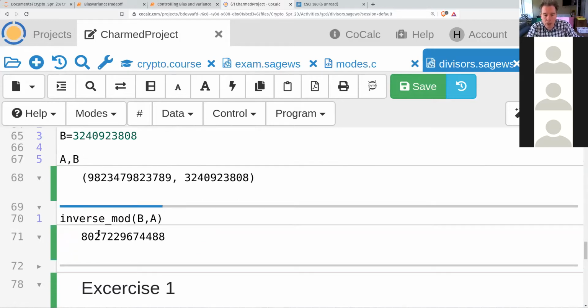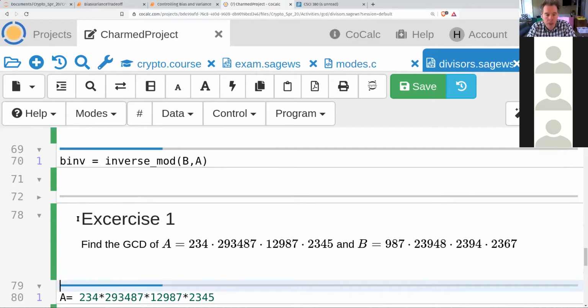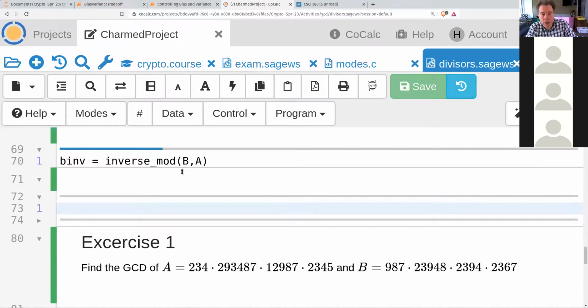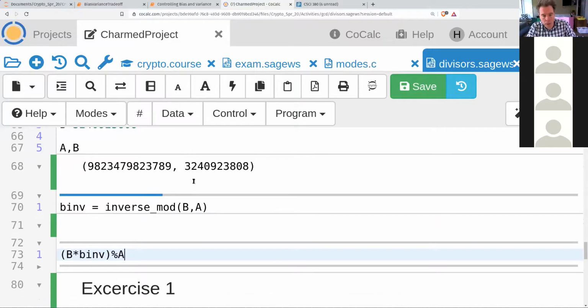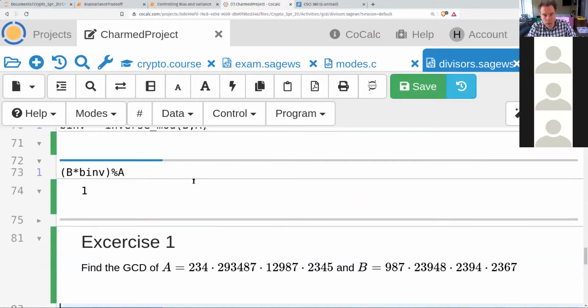Let's call that number B inverse. So what makes B inverse the inverse? It means that if I do B times B inverse modulo A, what should that be equal to? 1.